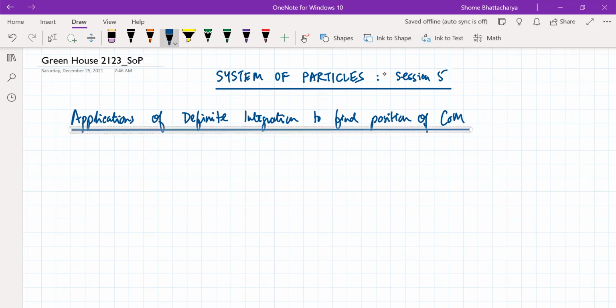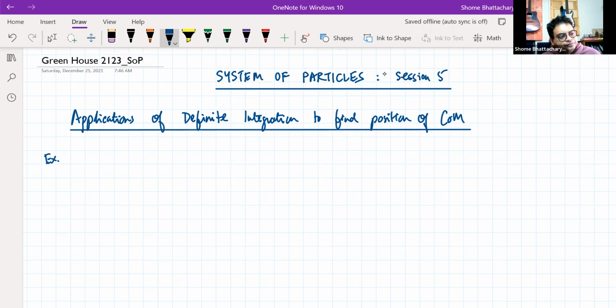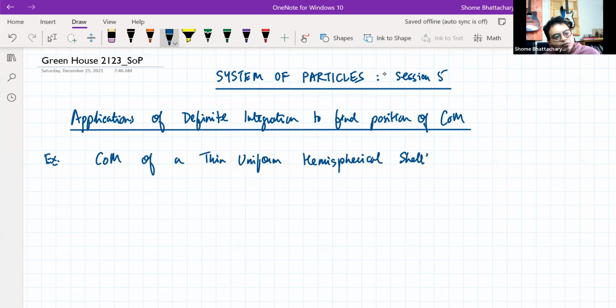Okay, so the next example we will see in this regard is the center of mass of a thin uniform hemispherical shell.